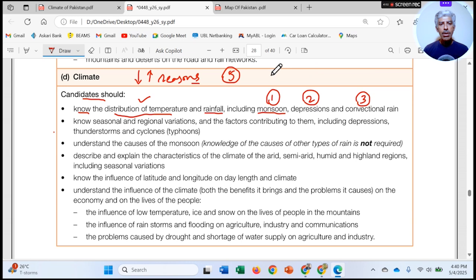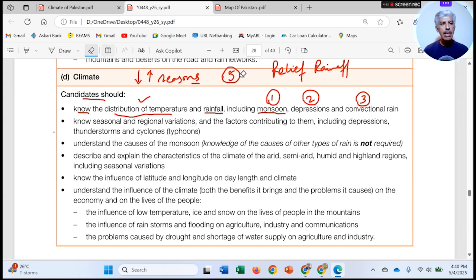So this shows that relief rainfall and tropical cyclones are excluded, right?